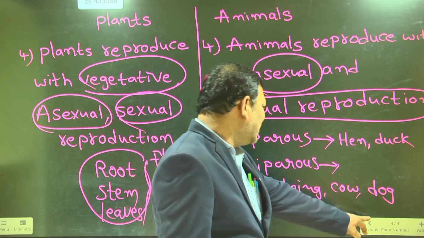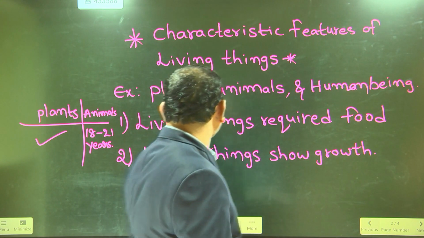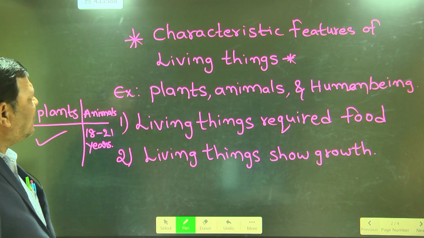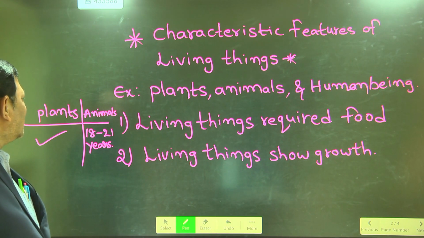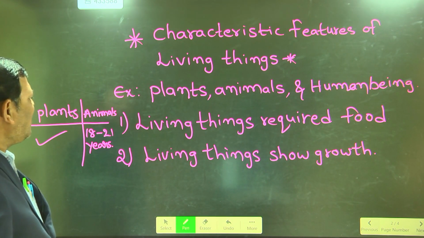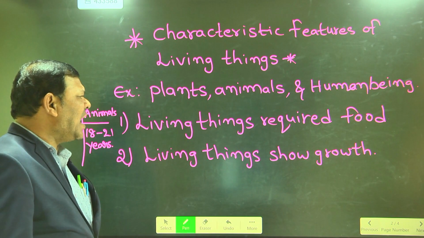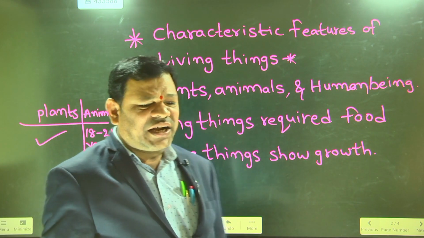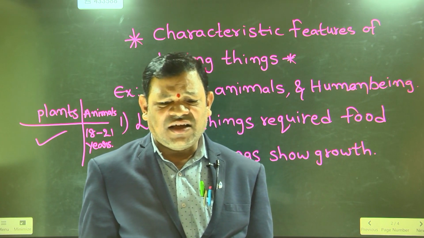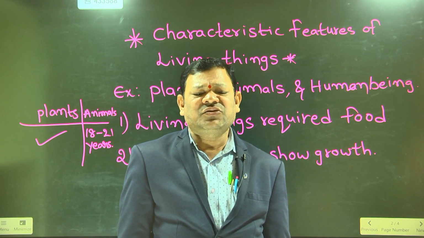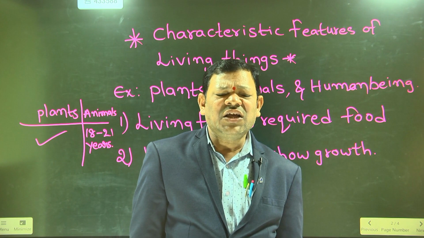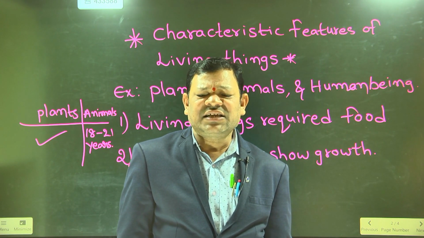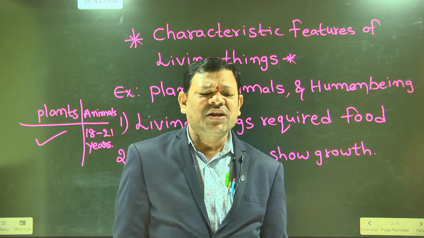Okay, actually we are discussing the characteristic features of the living things. Examples of the living things are the plants, animals and human beings. So living things require food. First point is the living things require food, but non-living things do not require food.